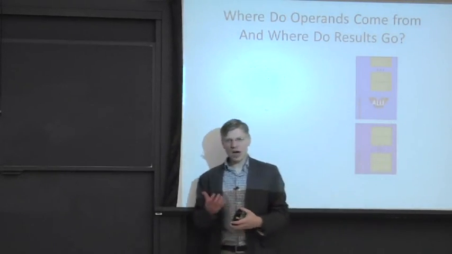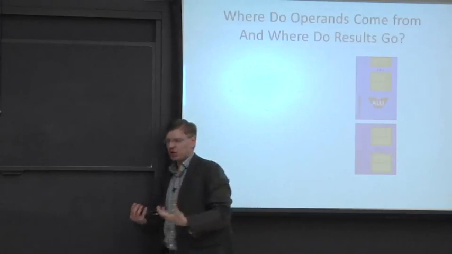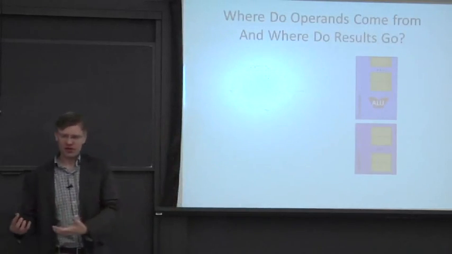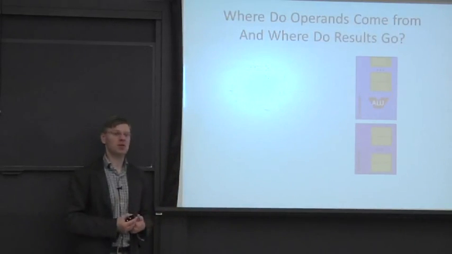And the machine model is, not the implementation, but what is the organization of the registers, how do you access memory, what sort of instructions and operations are allowed. And we're going to talk a little bit about where the operands come from and where the results go, and different machine models that people have built.